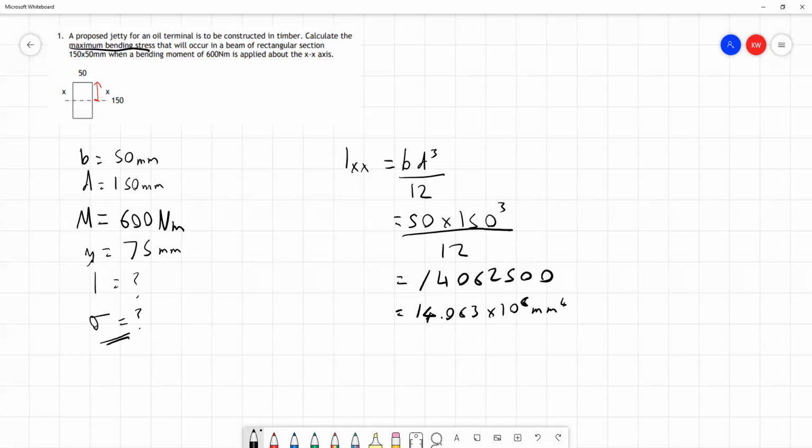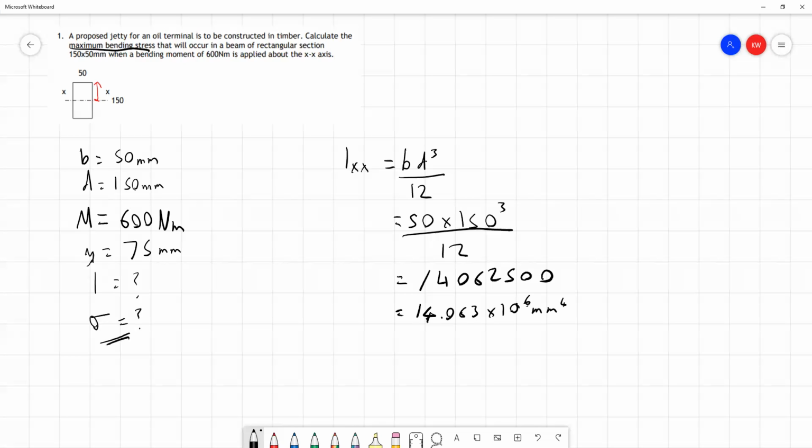And I just chose to write that times 10 to the 6 because quite often a lot of our numbers with second moments of area are of this order. It would have been equally correct to have written 1.4063 times 10 to the 7, or at this stage in the question, leave the number written out in full because it's not our final answer.